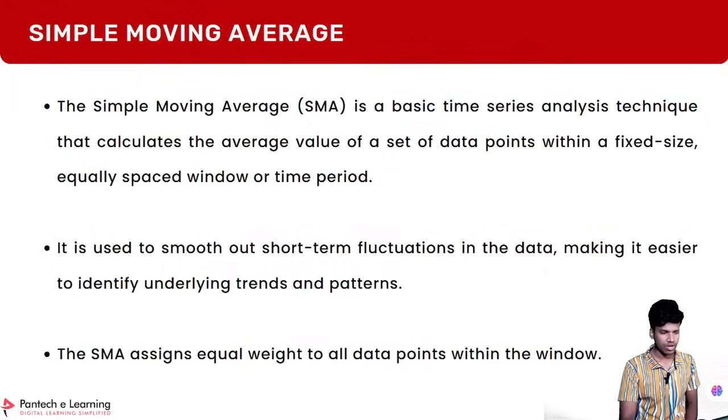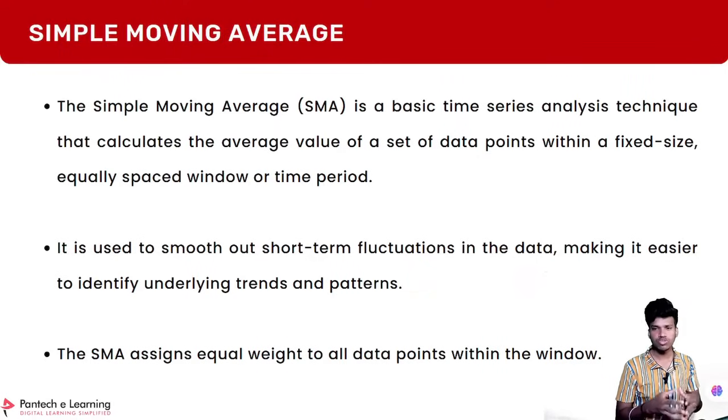Okay, now the simple moving average, the SMA value. We can see how it works. The SMA is a basic time series analysis technique that calculates the average value of a set of data points within a fixed-size, equally spaced window or time period.